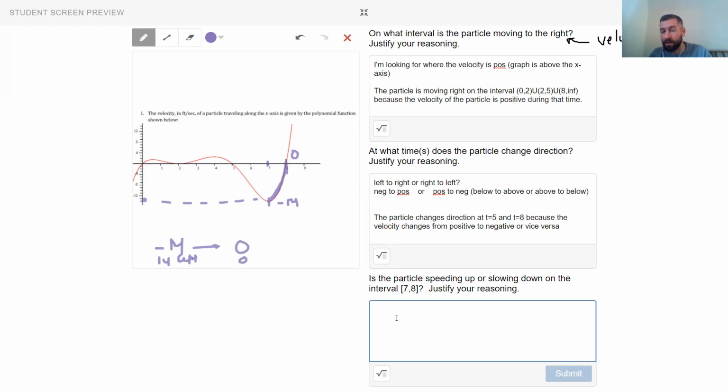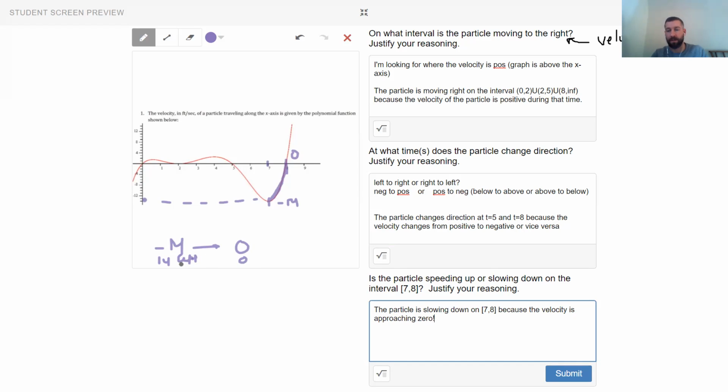Well, we know that we must be slowing down. So the particle is slowing down on 7, 8 because the velocity is approaching 0.